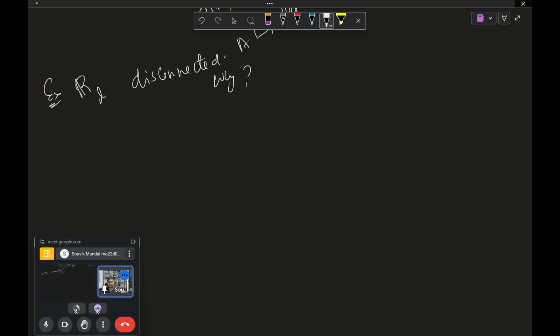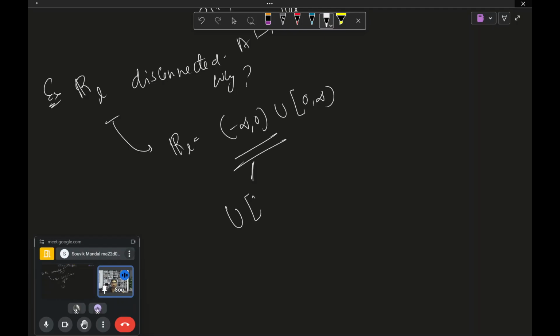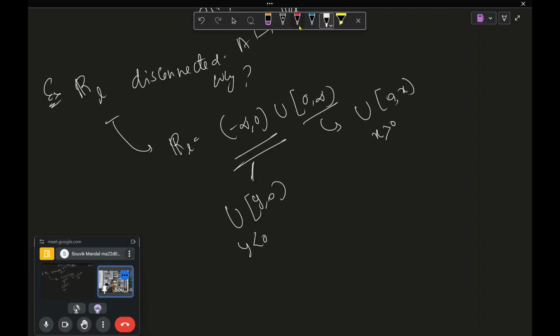Okay, so it is maybe quite tricky. Look, you can write R_L as follows: R_L can be written as the open interval minus infinity to 0 together with the closed-open interval 0 to infinity. The first is nothing but the union of [y, 0) for y less than 0, and the second is nothing but the union of [0, x) for x greater than 0.